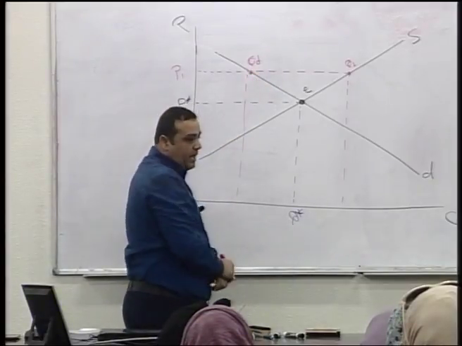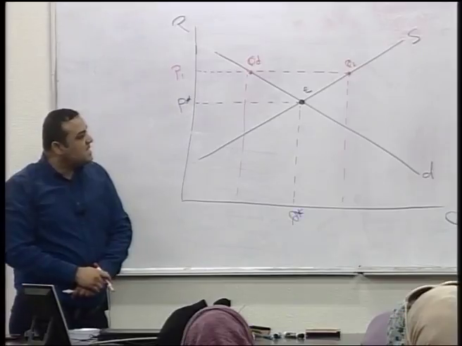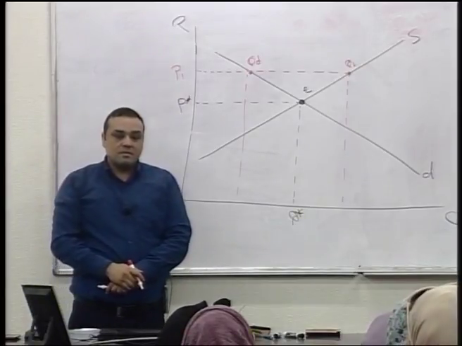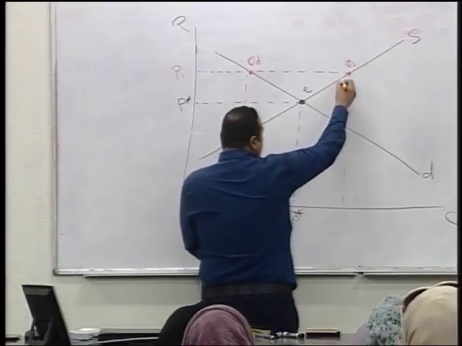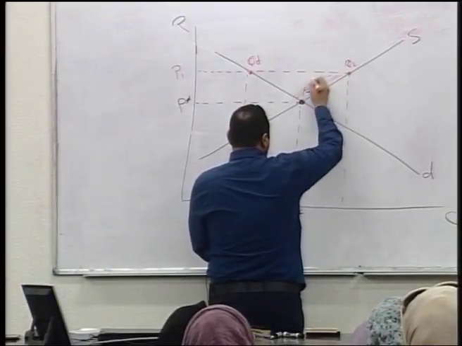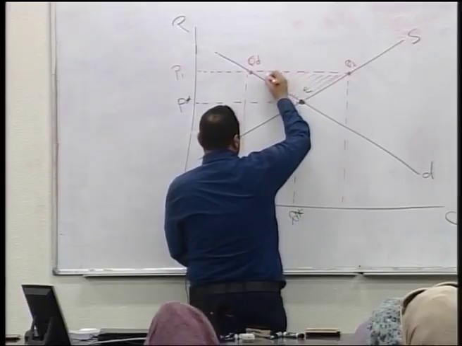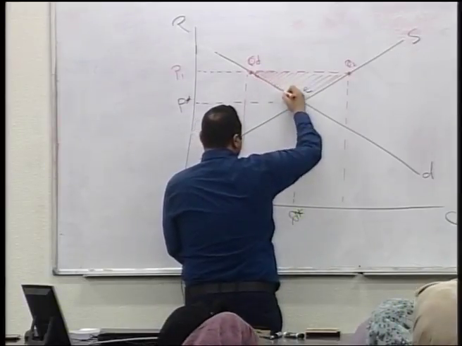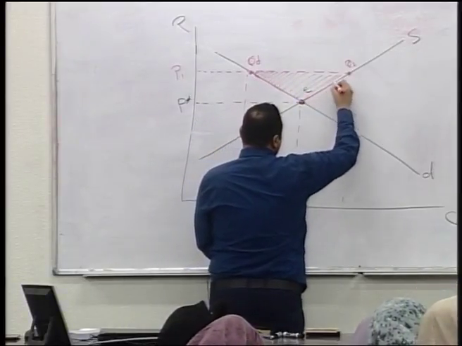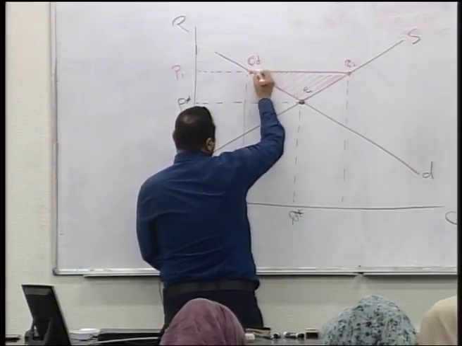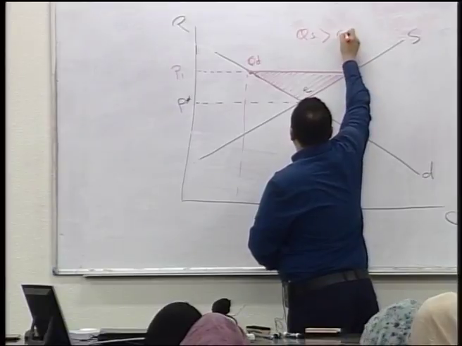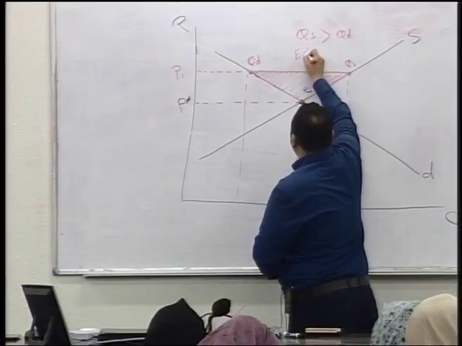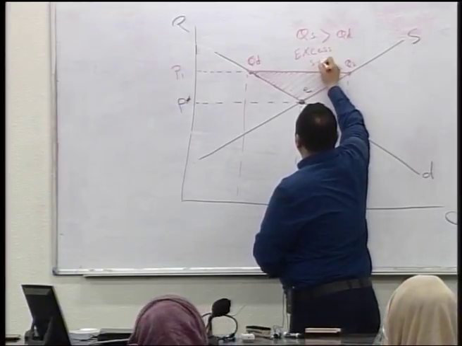We have an excess supply, because this triangle represents the case of excess supply, since quantity supplied is bigger than quantity demanded. Here we have excess supply.